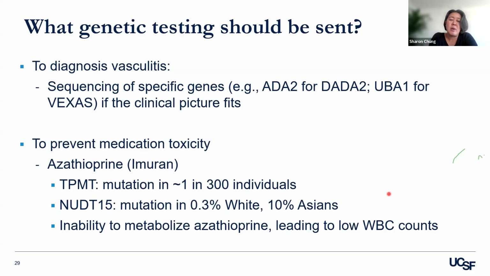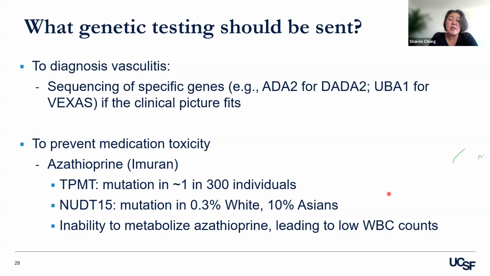Azathioprine is an oral immunosuppressant that we used to use pretty commonly for the ANCA-associated vasculitides. We use it pretty commonly to treat other autoimmune diseases such as systemic lupus, etc.